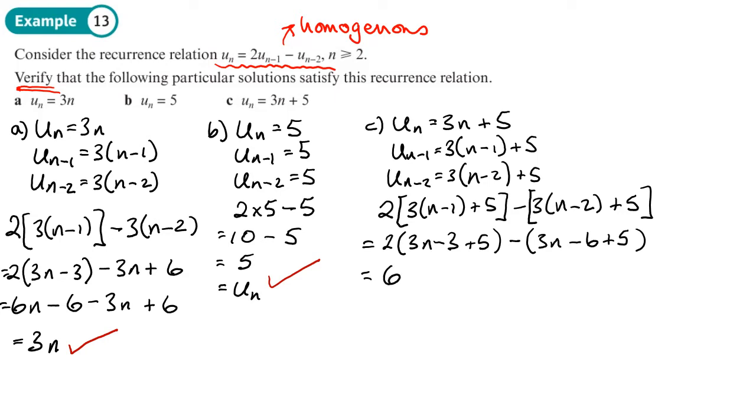Well, 6n, and then minus 3 plus 5 is 2, times that by 2 will give me 4, and then I'm going to minus 3n, and then I've got negative 6 plus 5, which is negative 1, then minus negative 1, which is plus 1, so that will give me a final solution of 3n plus 5, which equals un, which again verifies that 3n plus 5 is a particular solution to this recurrence relation here.